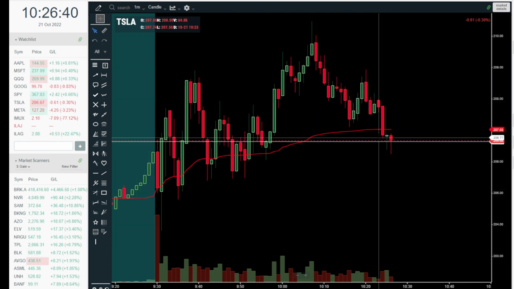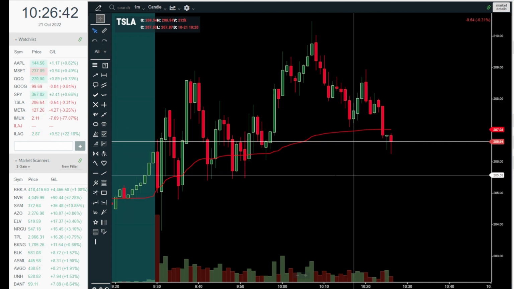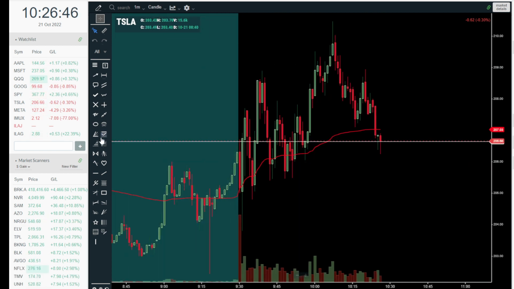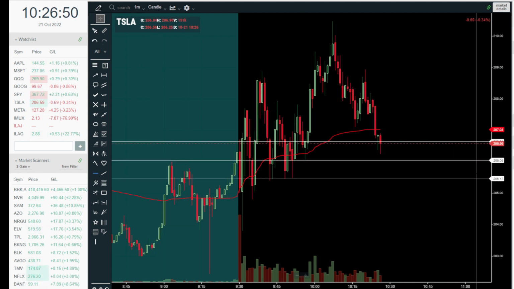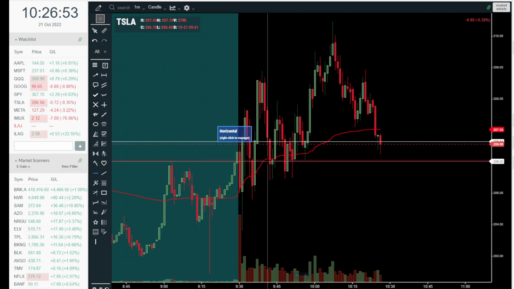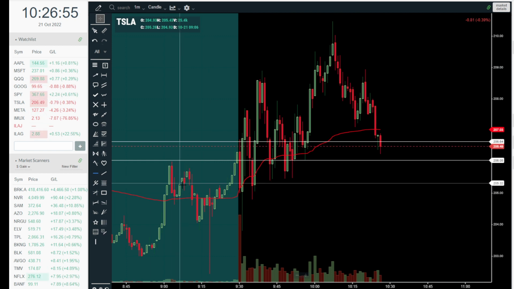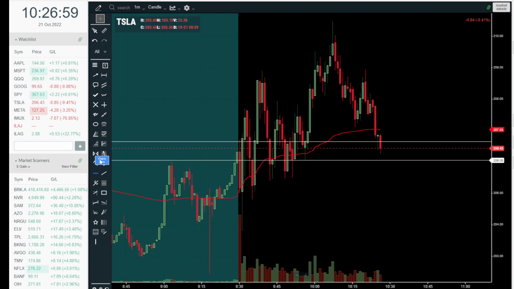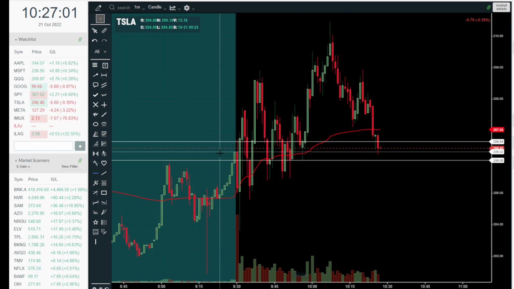Tesla has already broken the VWAP, and right now we do not have any setup, but we need to see what's going to happen. So I'm going to draw the level here, which is 206.05, with a couple of bounces previously and the pre-market high at the time. I'm also noticing a few more spikes close to that area.